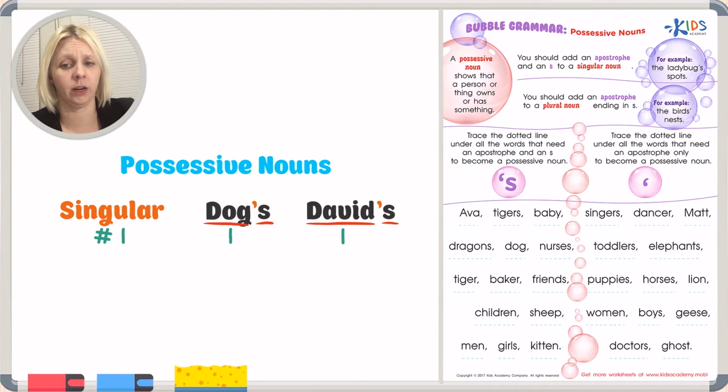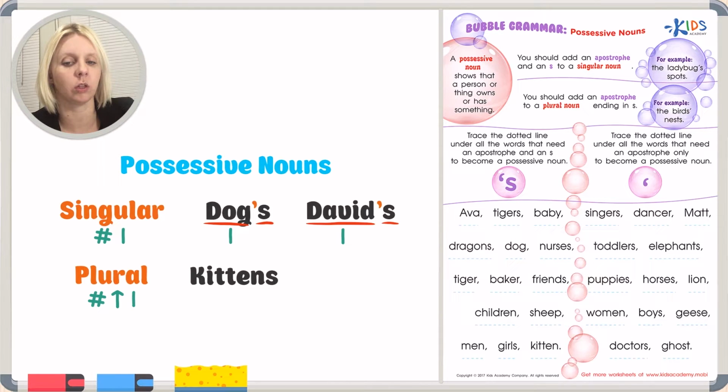Okay, the other kind of noun is a plural noun. Plural means that it is more than one, so it's two or more. So an example of a plural noun would be, let's say, kittens.